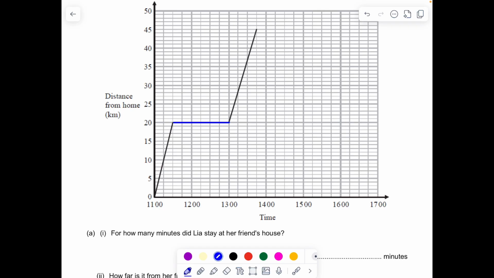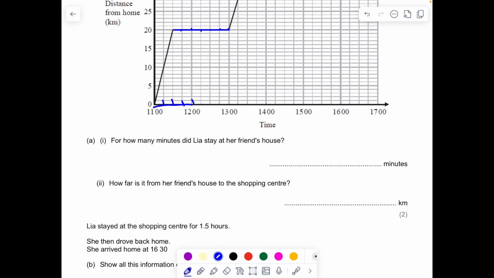We know that if all of this is 1 hour, 1 hour divided by 4, each of these must be 15 minutes. And so she stayed 1, 2, 3, 4, 5, 6 times 15 minutes. So 6 times 15 minutes is 90 minutes. That's how much she stayed.